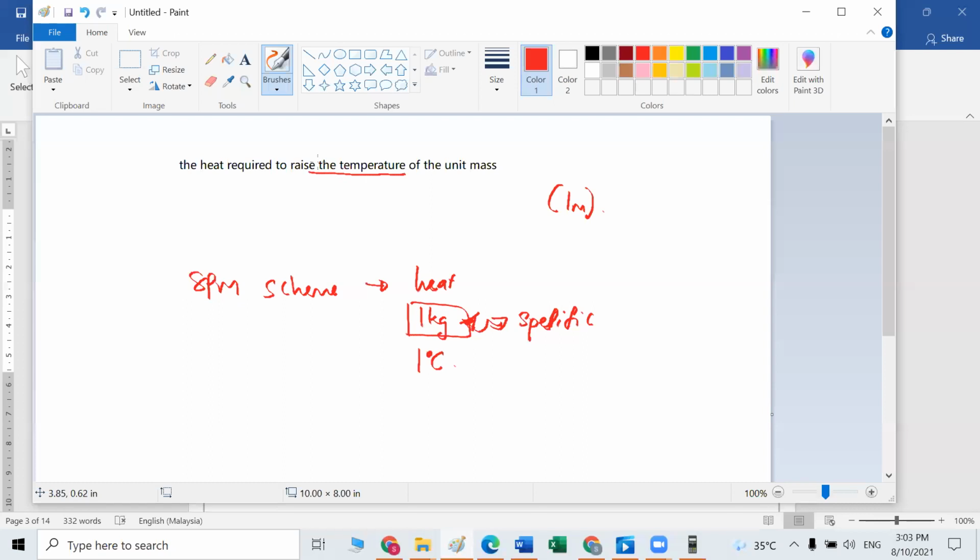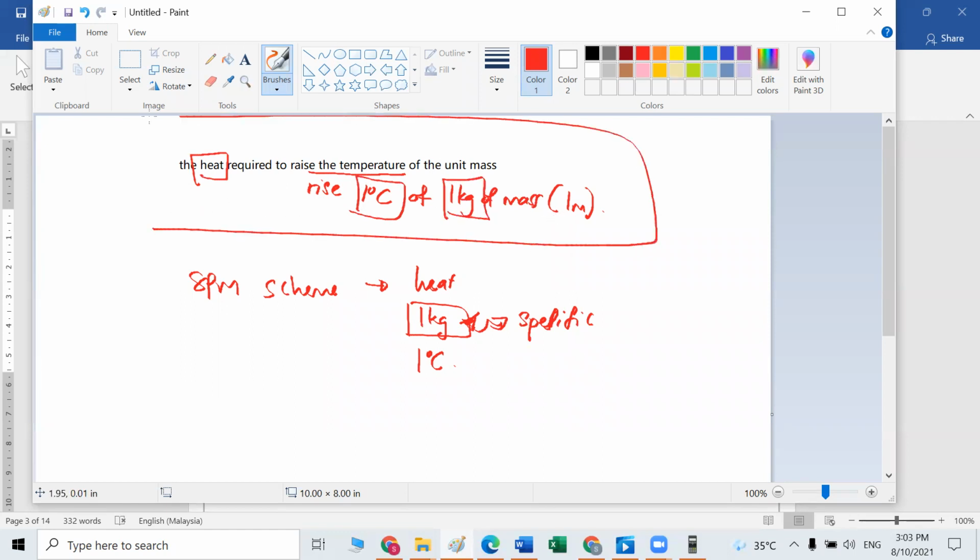Okay, so you say raise the temperature. For physics, we need to be more accurate. So we say raise 1 degree Celsius of 1 kg of mass. If you answer like this, with 3 keywords in a sentence, then only we give 1 mark.